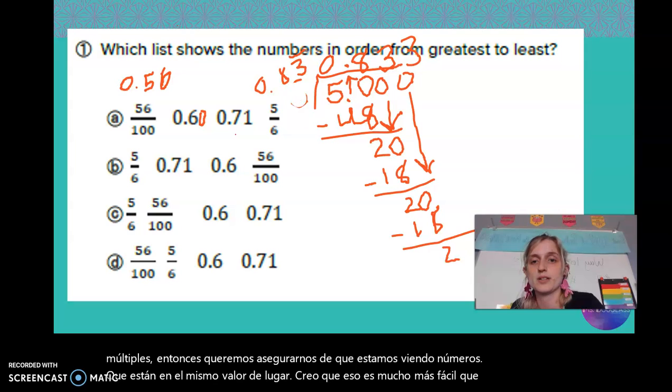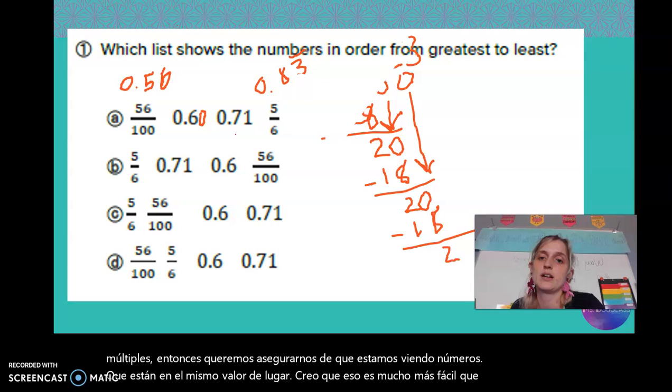Let me erase the work so we can get it out of the way. All right, so now we're looking for greatest to least. That means the biggest number should be first. 56 hundredths sounds pretty big, but 60 hundredths is bigger than this, so this one is wrong.